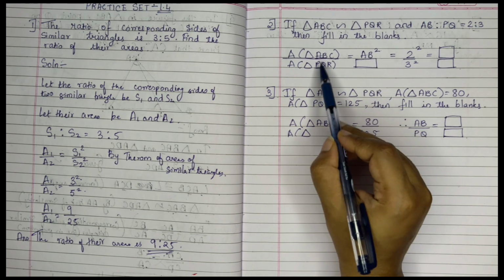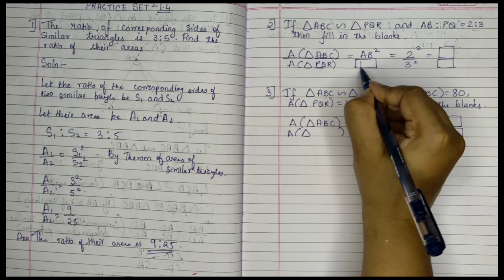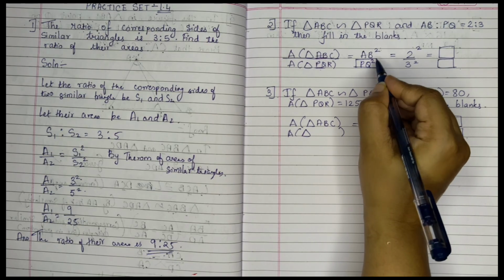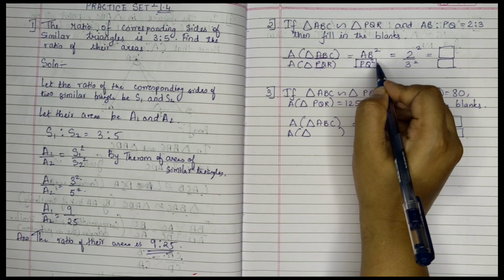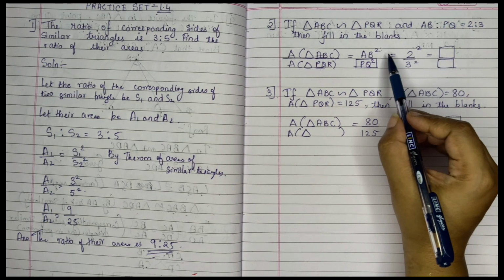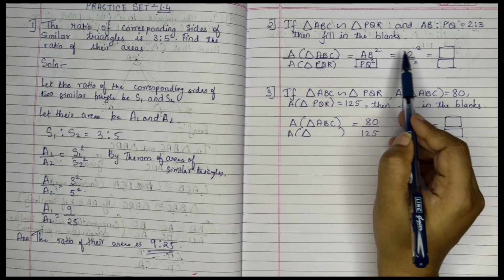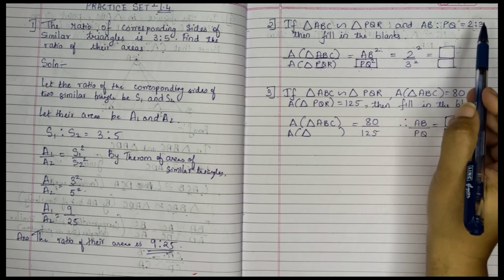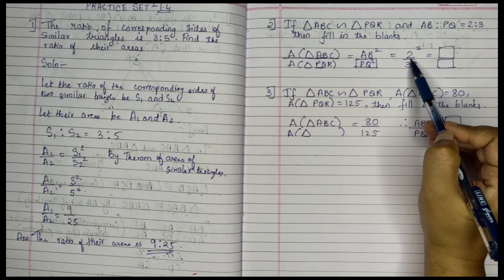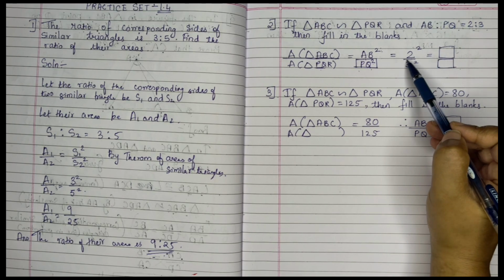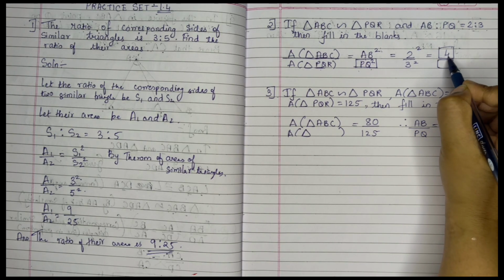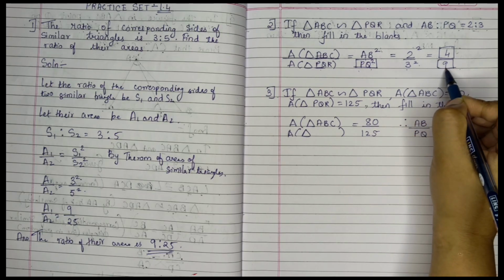AB square upon PQ square. Now AB upon PQ is 2 is to 3, so when you square this, you will get 2 2s are 4 and 3 3s are 9.